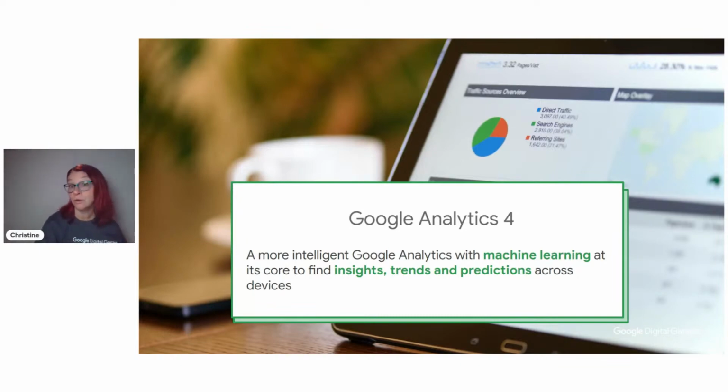The older version wasn't called Google Analytics 3, it was called Universal Analytics. I'm not sure why that was, but Universal Analytics had a UA code. Google Analytics now has a G code, a GA code, which if you've ever set up analytics on your site, you'll know just what I'm talking about. If not, don't worry, we'll talk through that.